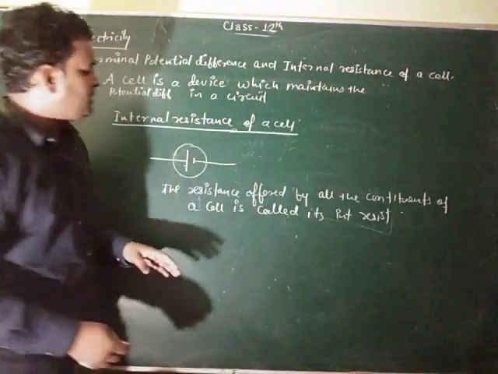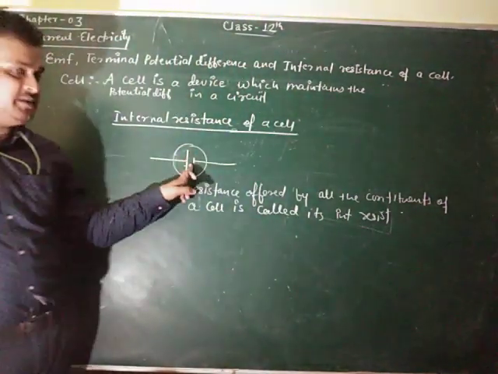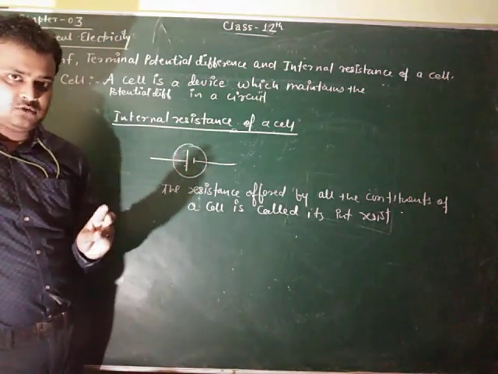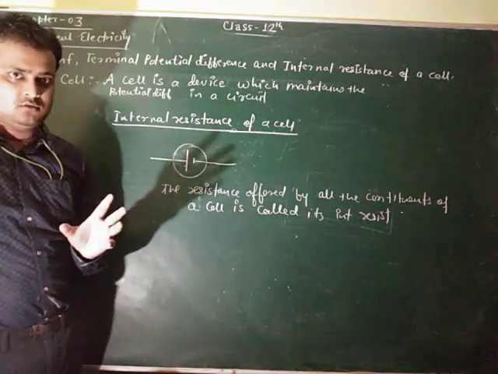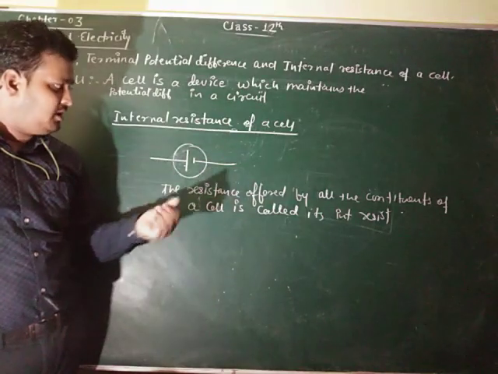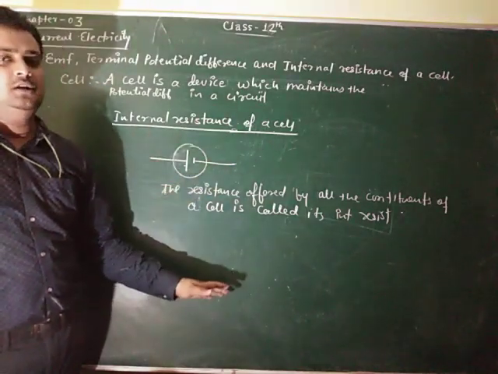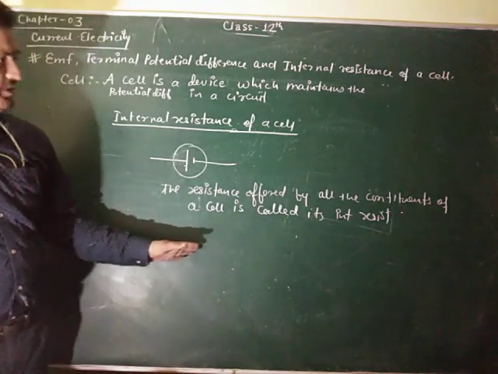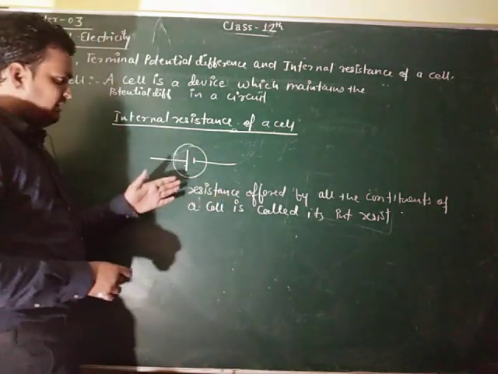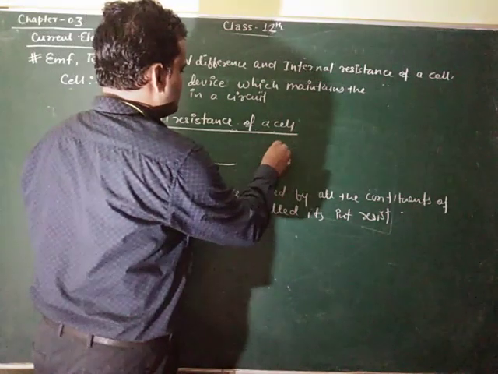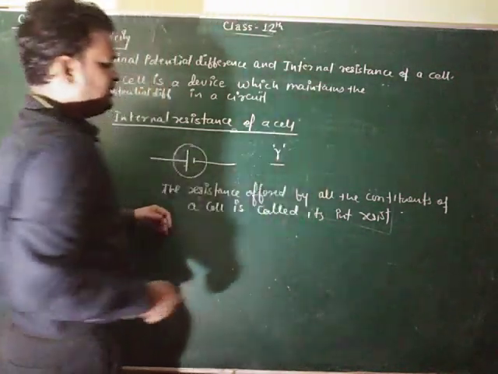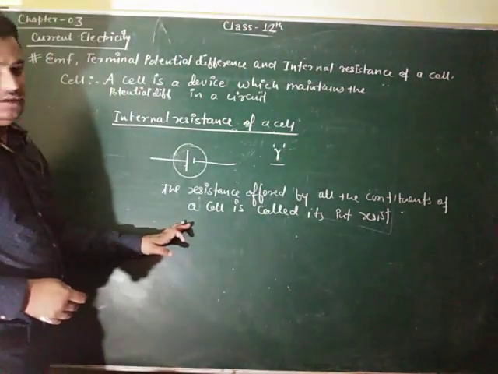All the constituents, meaning the electrolyte, the liquid or chemical inside the battery, and the electrodes, if they offer some resistance, then this resistance is denoted by r and is called the internal resistance of the cell.